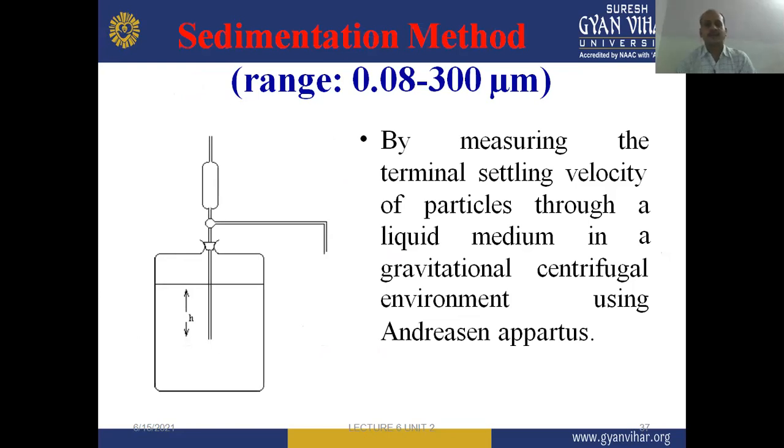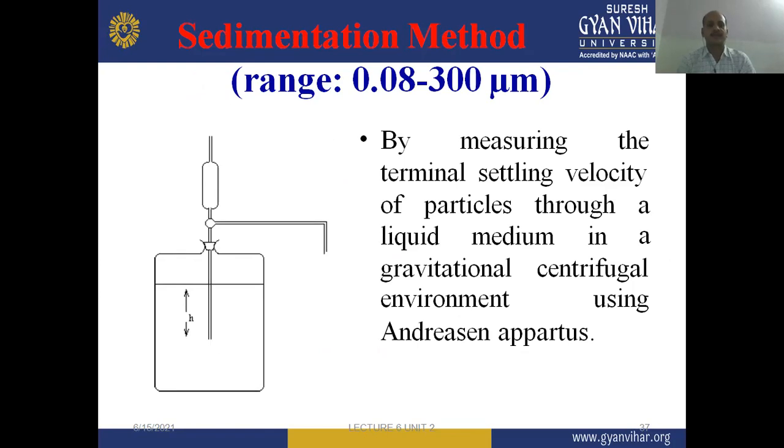Now, after the discussion of optical microscopy and sieving method, we have to proceed to the third method. This is known as sedimentation method. In today's lecture, we will discuss the introduction of sedimentation method, and in our next lecture, we will discuss it in much more detail.